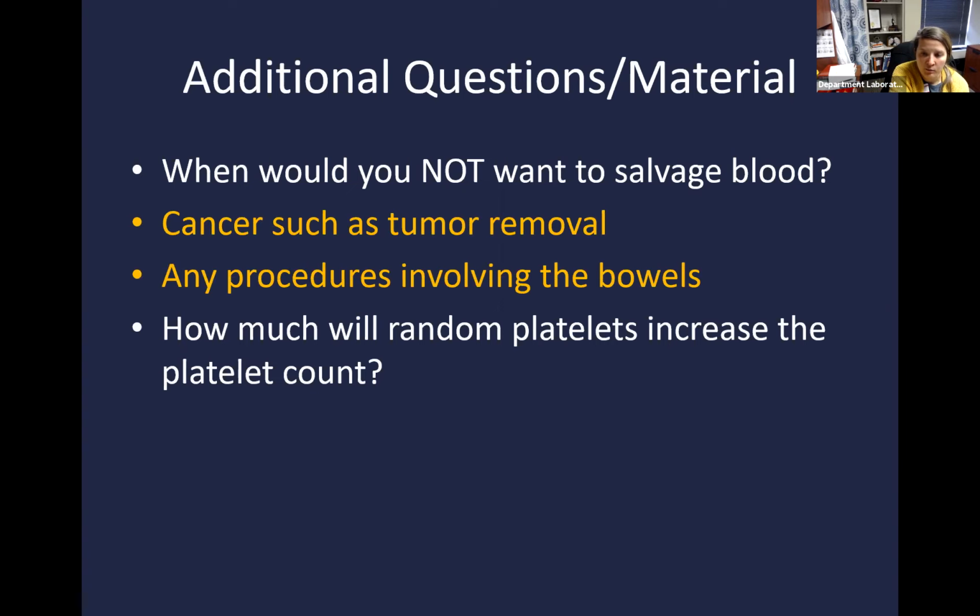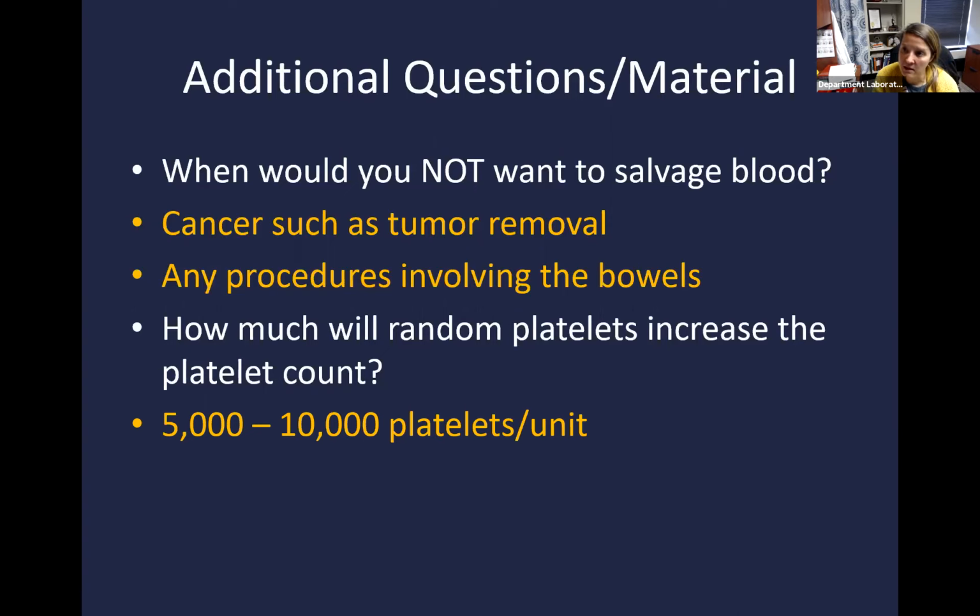How much will random platelets increase the platelet count? Remember, 1 unit of random platelets should increase the platelet count by 5 to 10,000 platelets per unit. And remember what random platelets are. Random platelets are taken from the whole blood donation, versus single donor apheresis, where they use apheresis to obtain a complete dose.